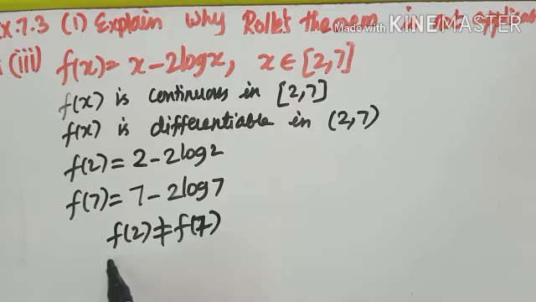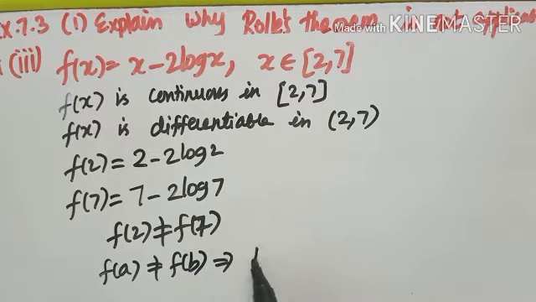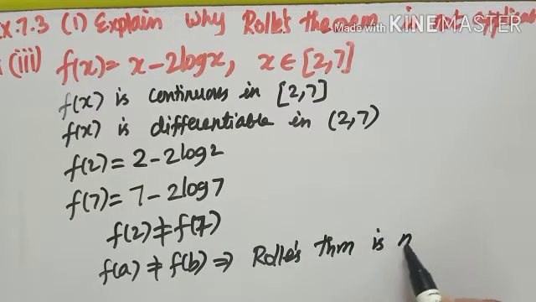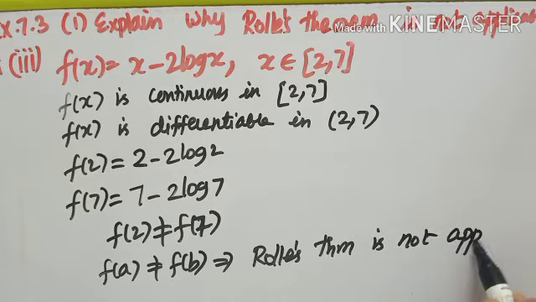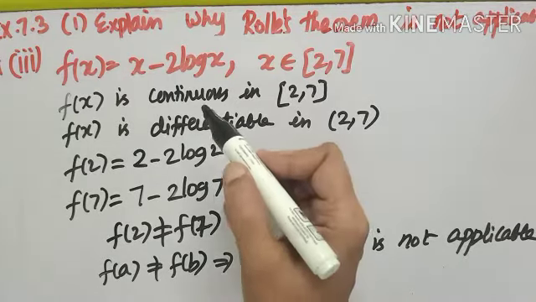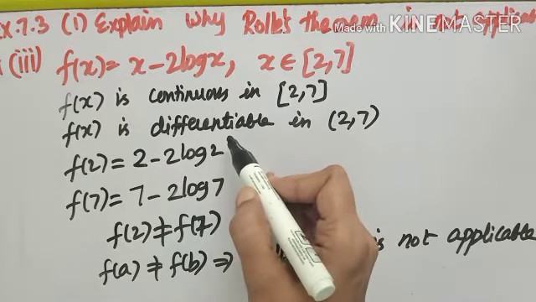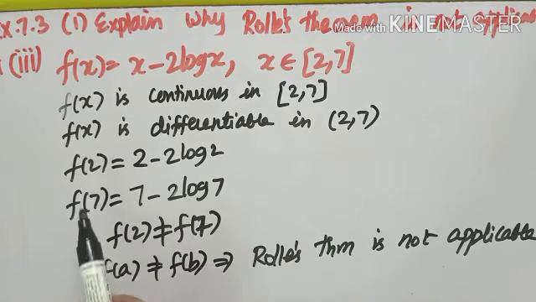So, I say f of a not equal to f of b implies Rolle's theorem is not applicable. So, in every problem we are just listing out why it is not applicable. Here, even though it is continuous and differentiable, the initial value and final value are not equal, and therefore Rolle's theorem is not applicable.